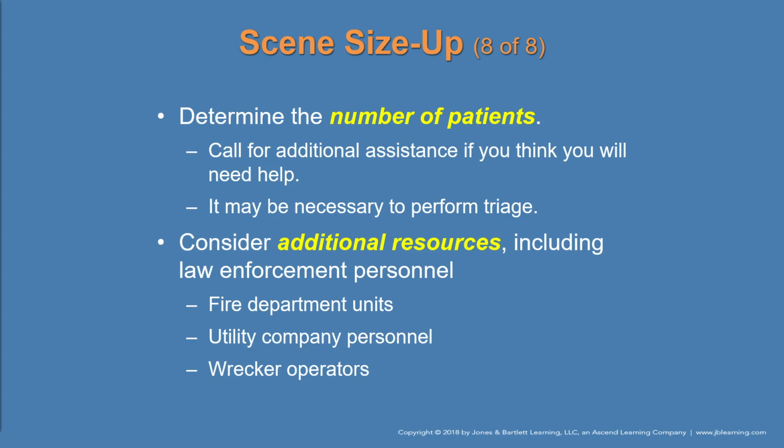There are specialized workers for this. We have fire departments, utility companies, we have people who are going to clear the vehicle off the road. And so we need to get those additional resources en route as soon as possible so that we can clear the scene and leave it in a condition that works for society.